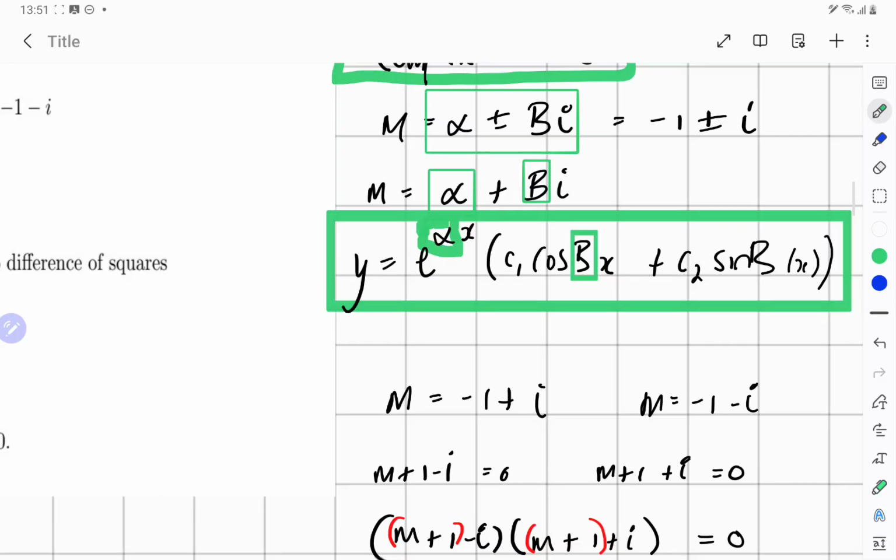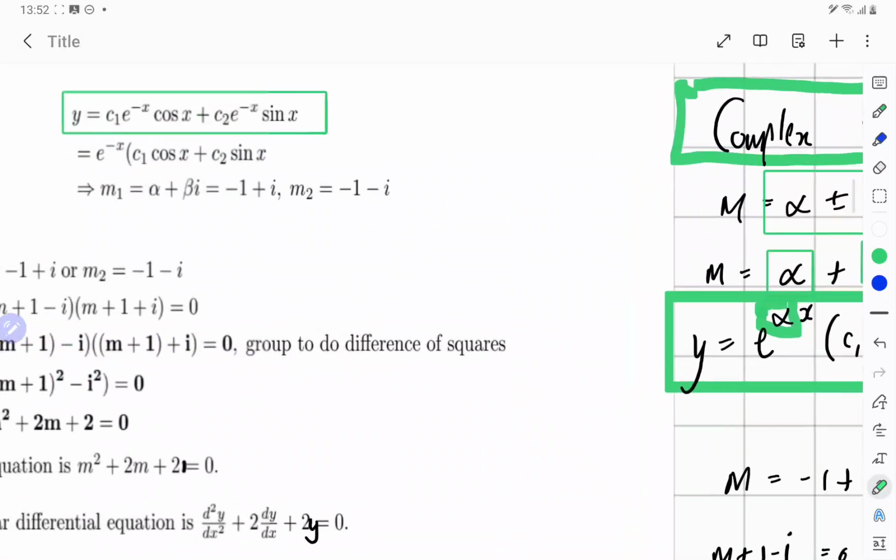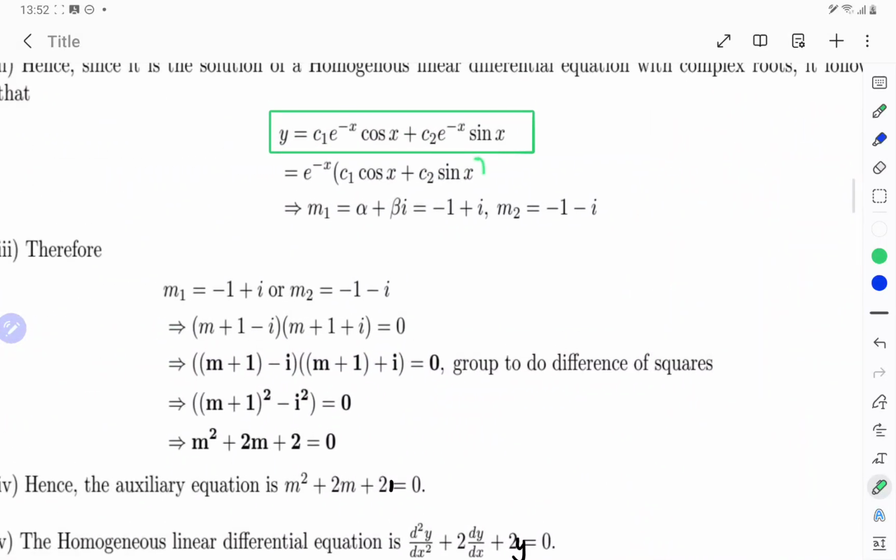This is more convenient to do, and then our complex roots will be e to the alpha x. Remember, your alpha there will be the power of e, your beta here will be the coefficient of x. So they've given us now in the reverse order.